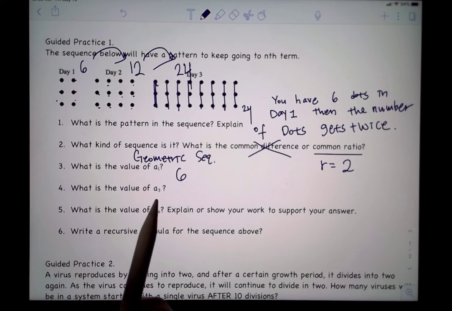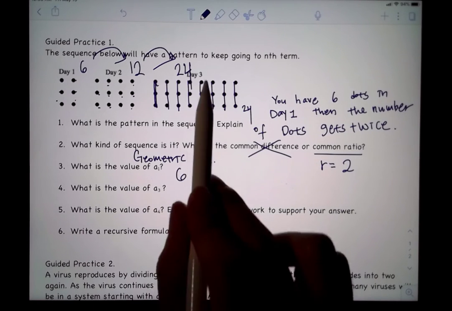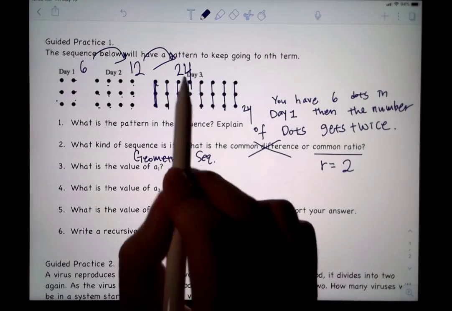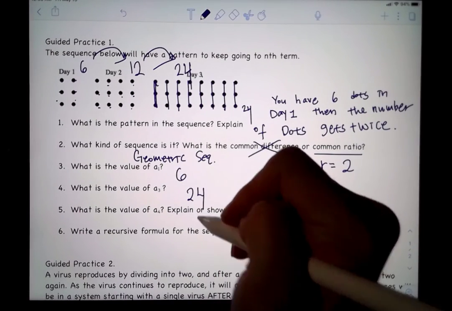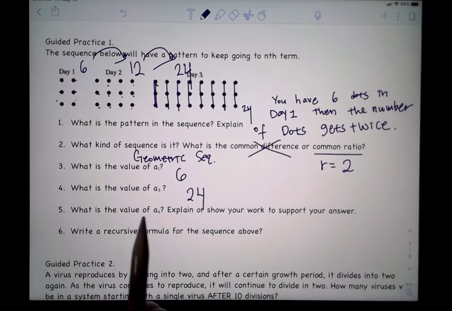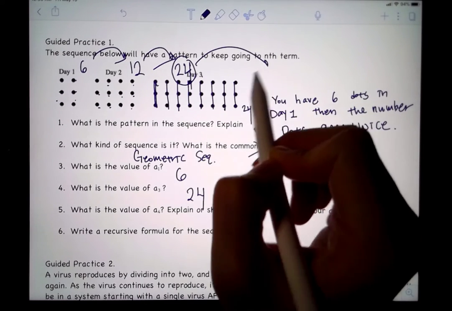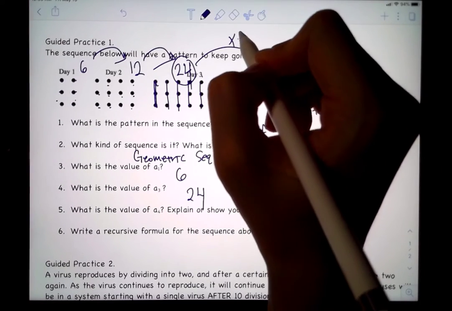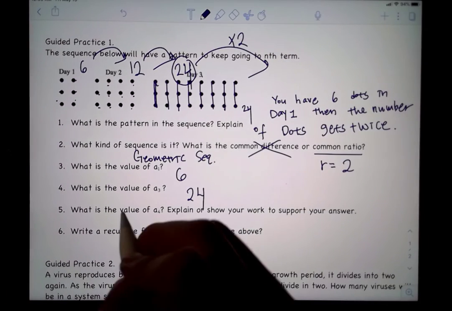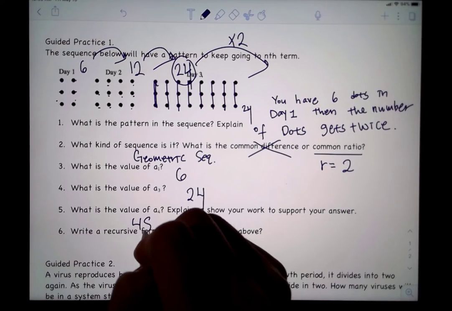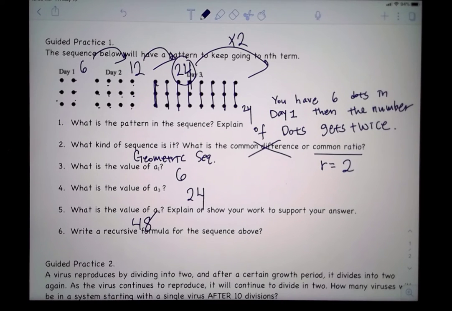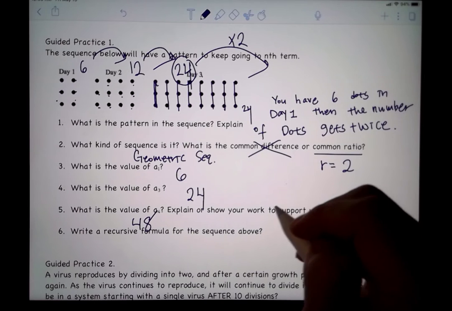What is the value of A3? That means day 3, right? We already got it. That's 24, right? And what is the value of A4? Then you know A4 because A3 was 24. Your next term will be multiplied by 2 from 24, so it will be 48 for A4. Explain or show your work to support your answer.